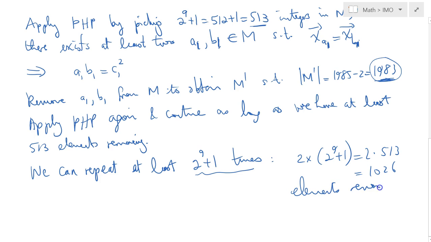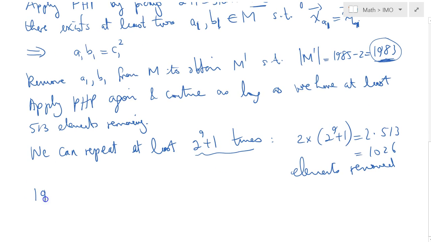And in order to remove the very last pair, I should have at least 513 remaining in the set, which obviously I have, because 1985, the original number, minus 1026 is still more than what I need. It would be 959, which is more than the 513 needed to execute the pigeonhole argument.